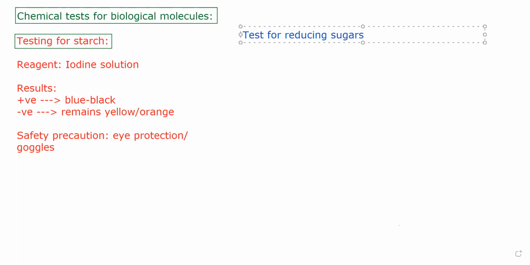When we are talking about the test for reducing sugar, this is the question which actually requires more detail in the exam. This test has a bit more detail as compared to the other three tests. Why? Because here, heating is also required. You are going to start by preparing a sample.